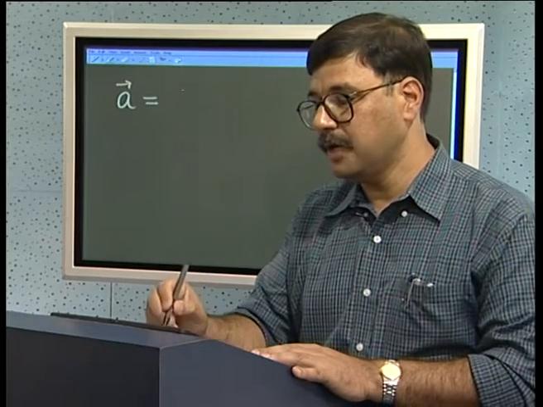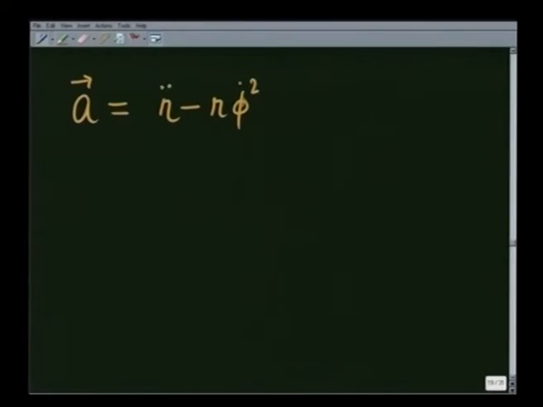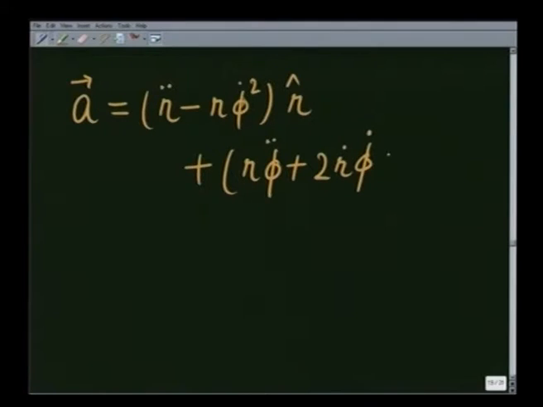Again, this is equal to r double dot minus r phi dot square in r direction, plus r phi double dot plus 2 r dot phi dot in phi direction.